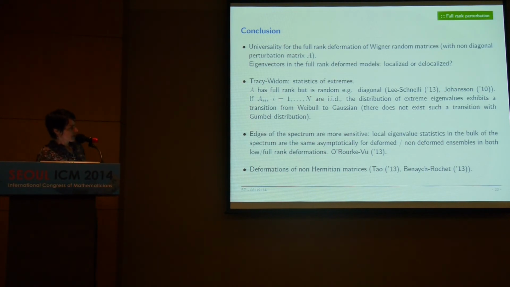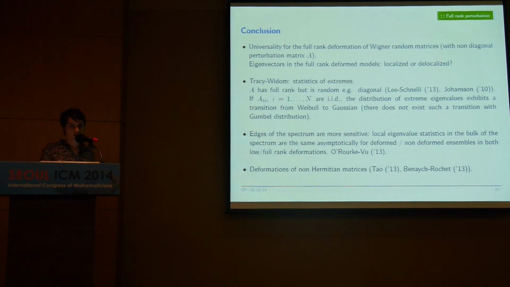Another question about local eigenvalue statistics, which is of interest in random matrix theory, is to consider spacing between nearest neighbor eigenvalues in the bulk, this time, of the spectrum. So for standard Wigner random matrices, the usual spacing is of order 1/n, and it is asymptotically determined by the well-known sine kernel.